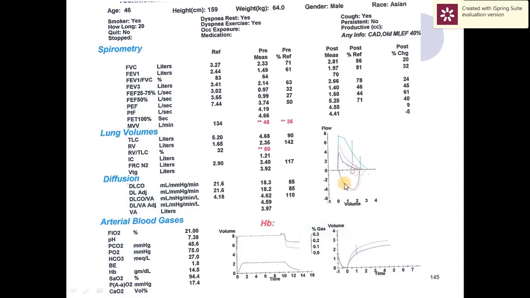This is inspiration, and scalloping of the expiratory loop. So there is obstructive lung disease.